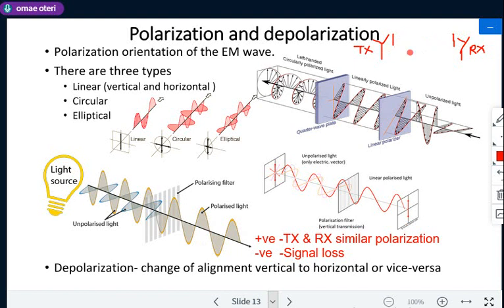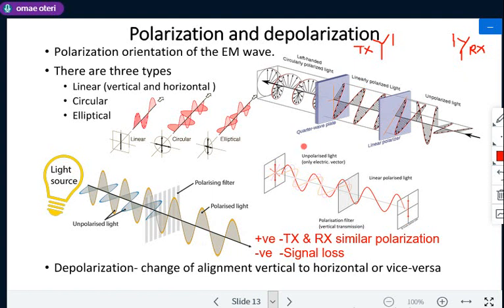What do you think can result in depolarization as the signal propagates from the source to the receiver? What are some of the causes of depolarization? Like now, if a signal was circularly polarized, it changes to linear, or if it was vertically polarized, it changes to horizontal, and that way you're not able to receive.